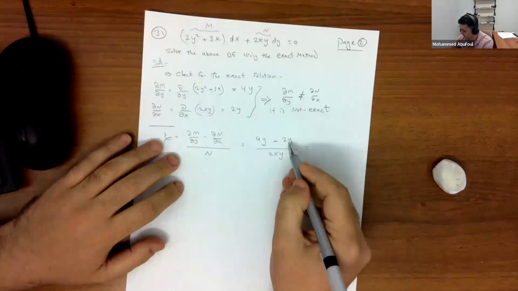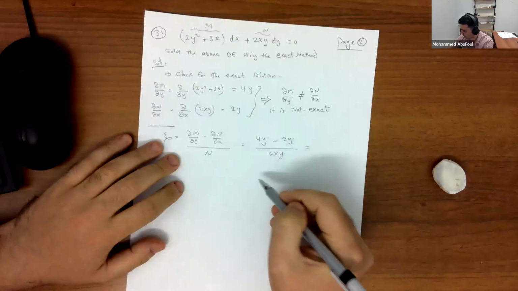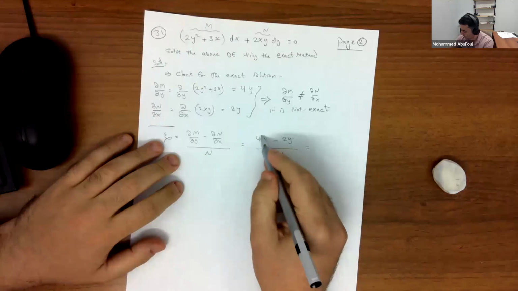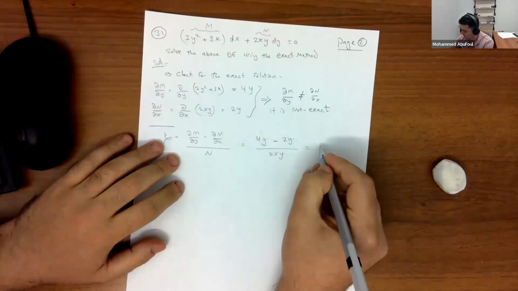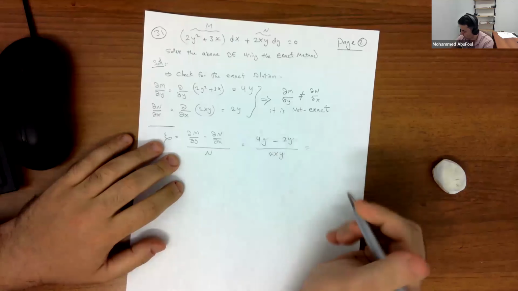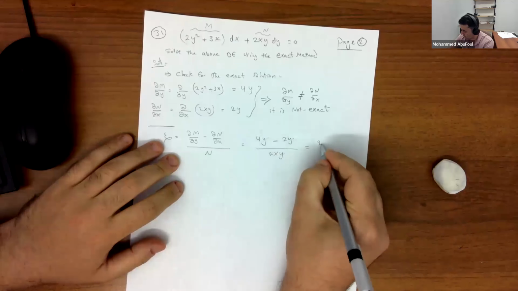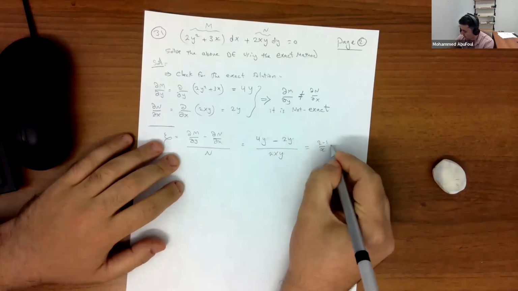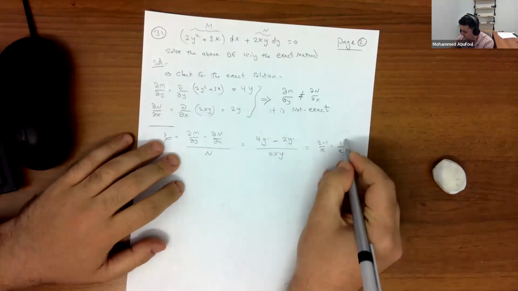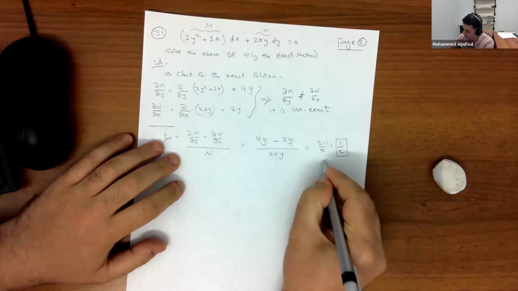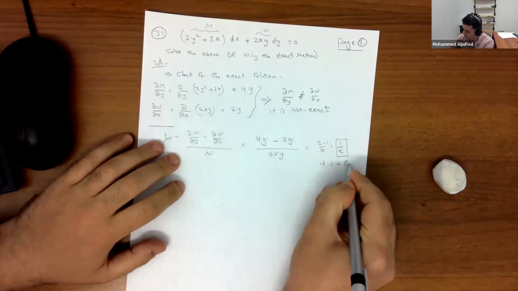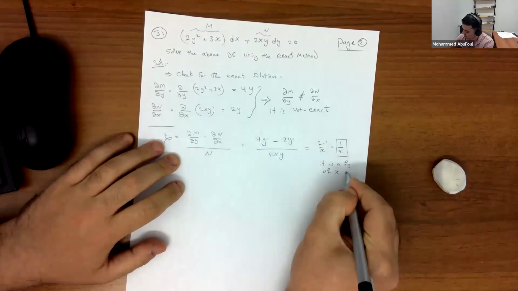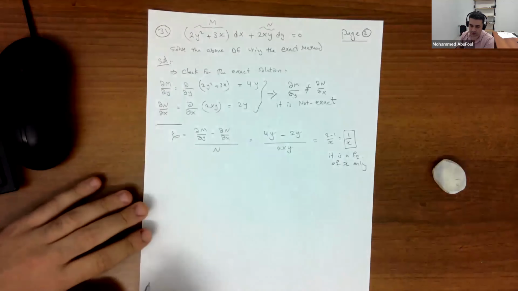So y with y, 2 with 2, and we get 2 over 2x, so it's 1 over x. It is a function of x only.